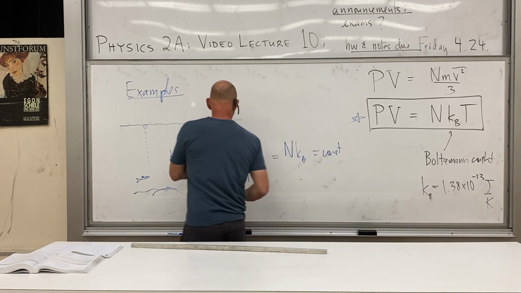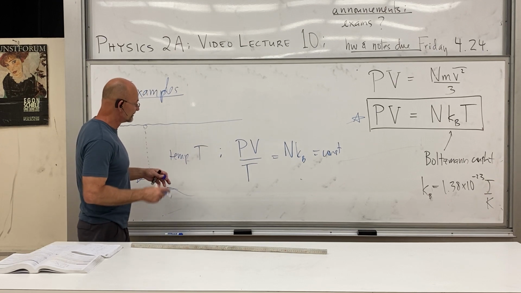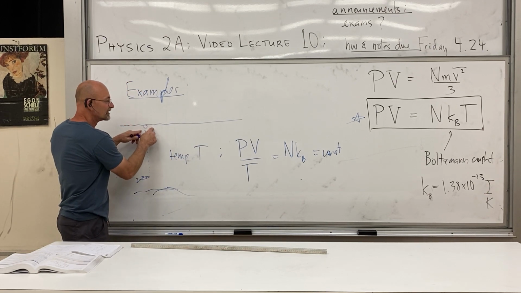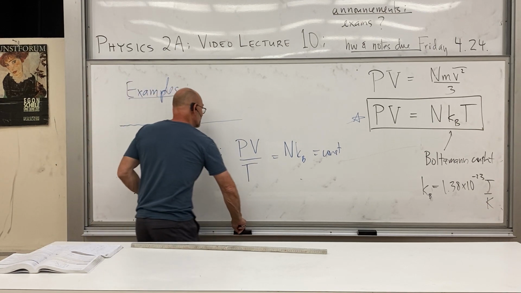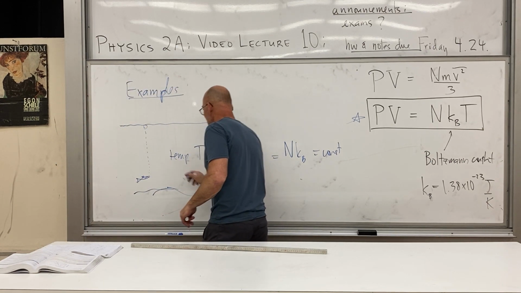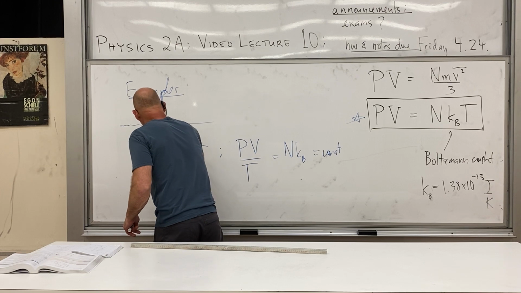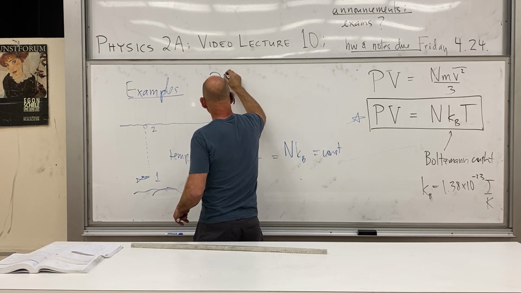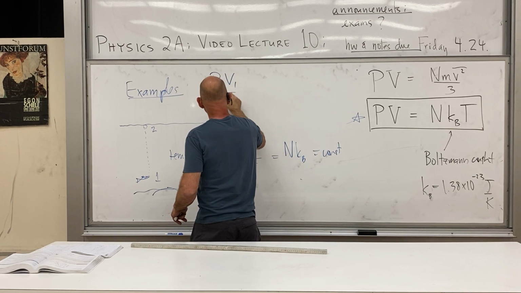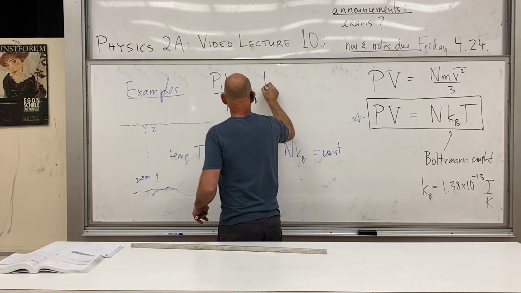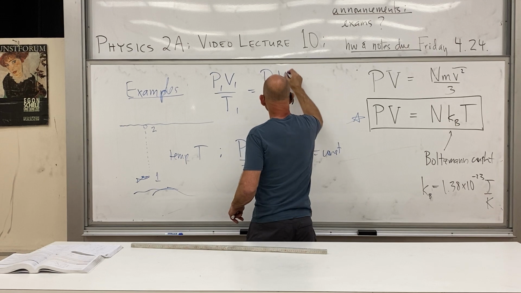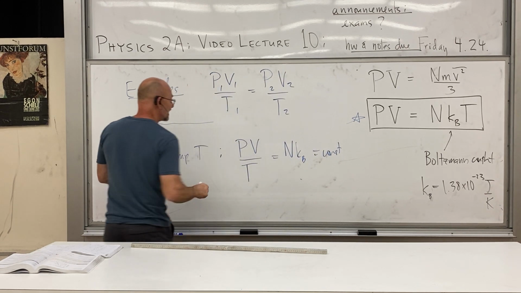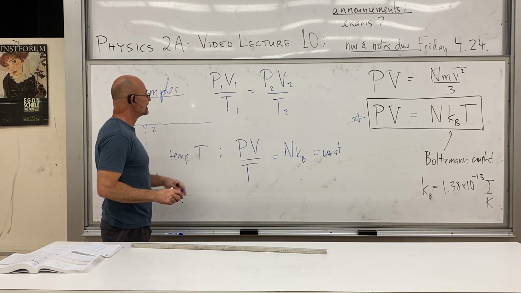So if this is equal to a constant, then it's the same constant down here as it is up here. If I label this 1 and this 2, we'll get P1 V1 over T1 is equal to P2 V2 over T2. And again, temperature in Kelvin.